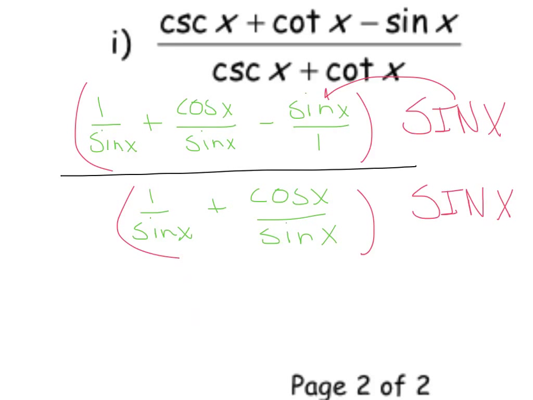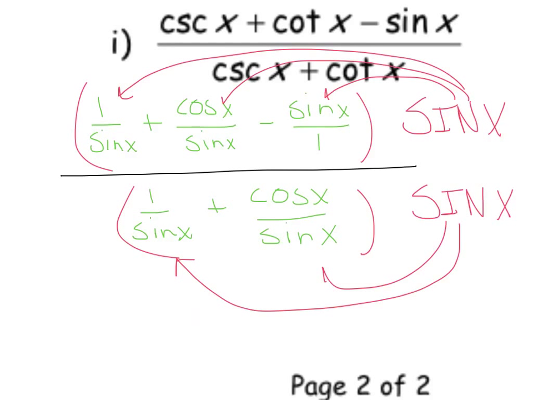I distribute it here, here, and there. When I multiply sine of x times the first term on top, what do you think cancels? Sine of x. So what am I left with? I'm left with 1. When I multiply sine of x times cosine of x over sine, I get cosine.